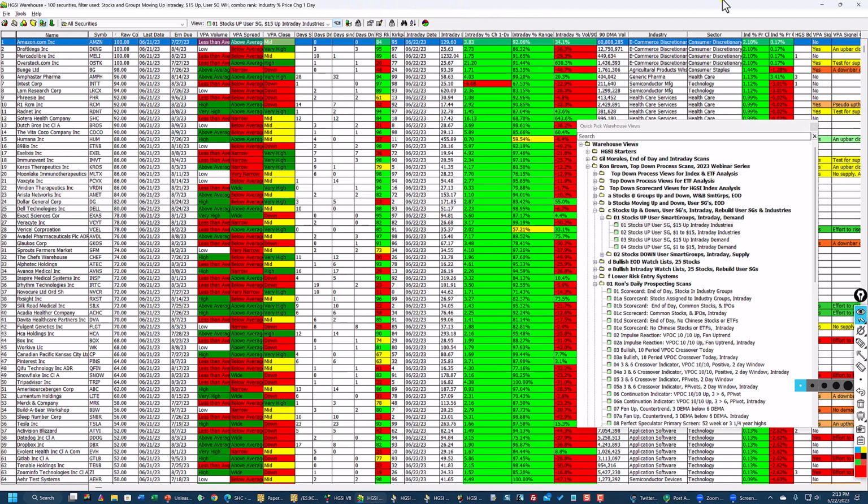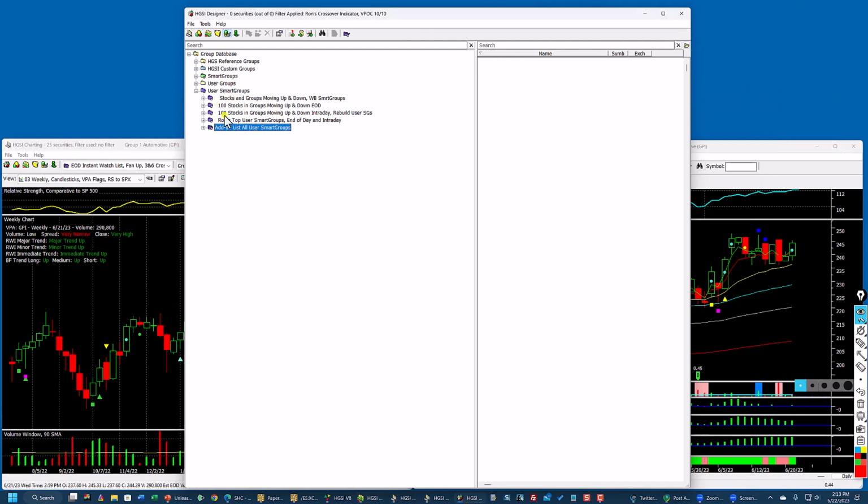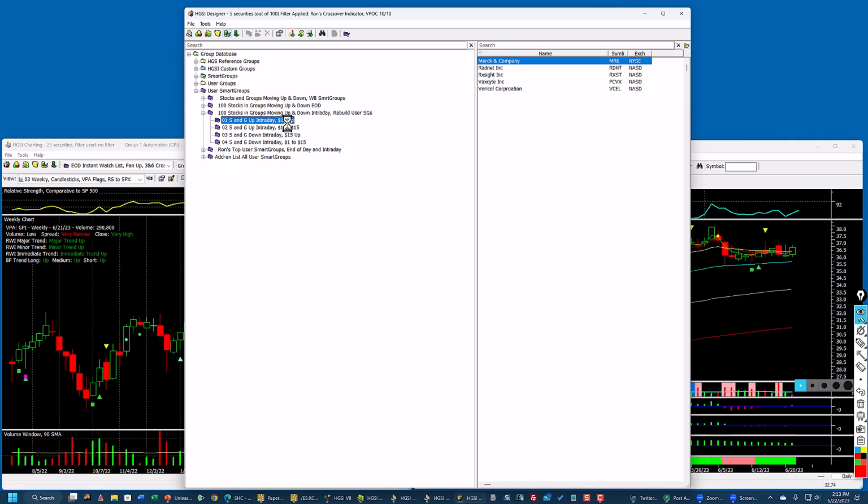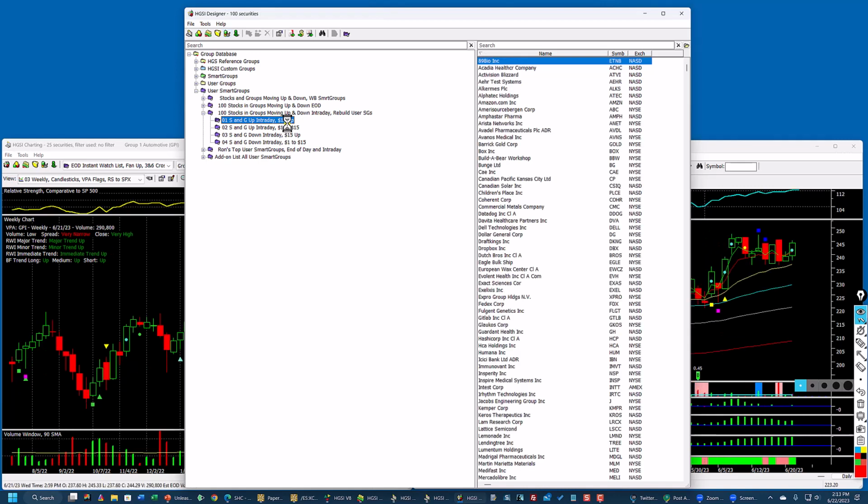So I thought to simplify this, to make it easier for all of us, this list of stocks right here, stocks and groups moving up and down intraday, is also right here. So I am duplicating that view, or I shouldn't say duplicating it, I am presenting it also in the designer, so you can just come in here.